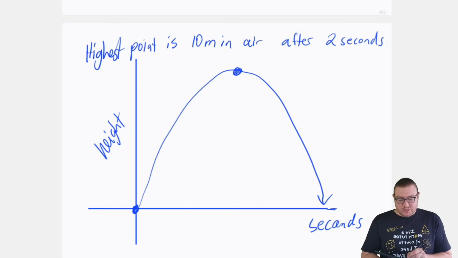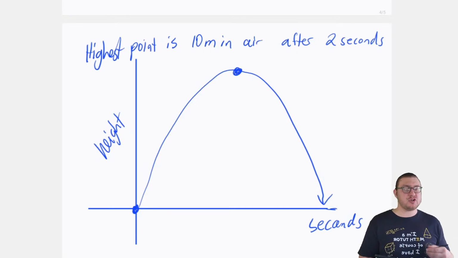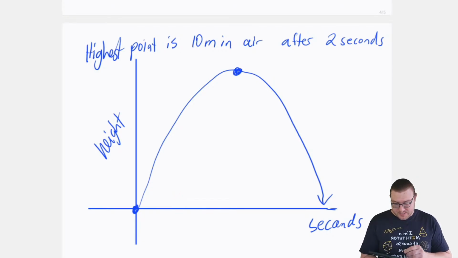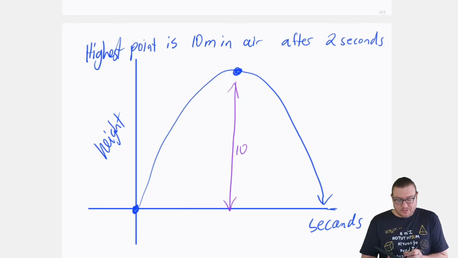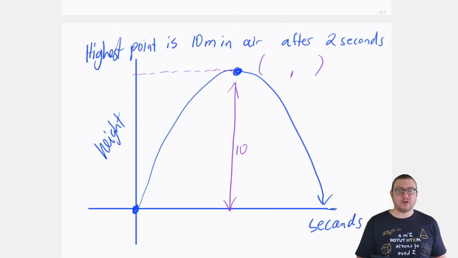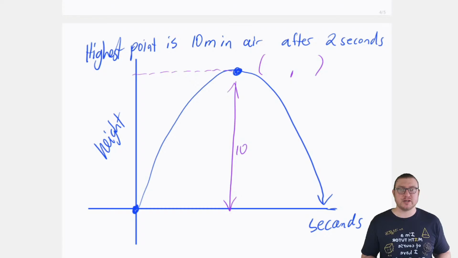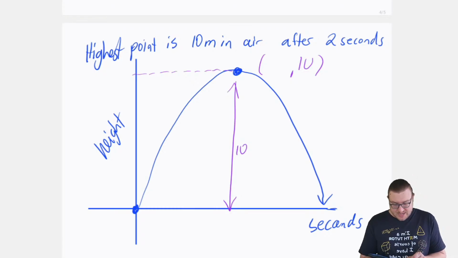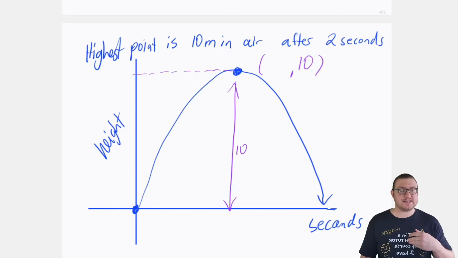So now we're talking about the highest point, and we have been given information on what happens at this highest point. More precisely, we've been given that the height in the air is 10 meters. Well, that seems to be the y value for this vertex. So if we want to find the vertex form here, we first need to find the coordinates of the vertex. In this case, we're going to have 10 as our y value because this is as high as our quadratic will go.